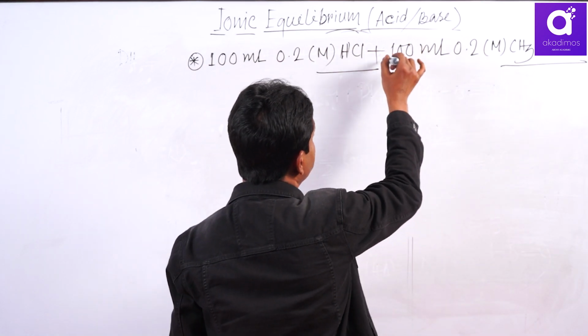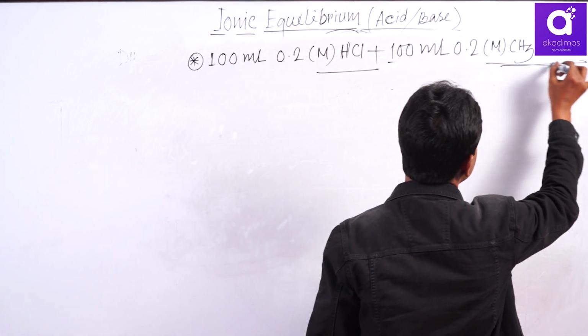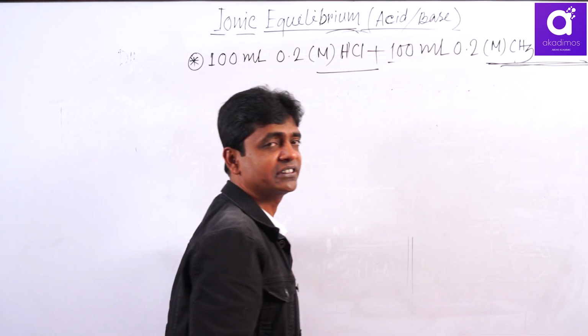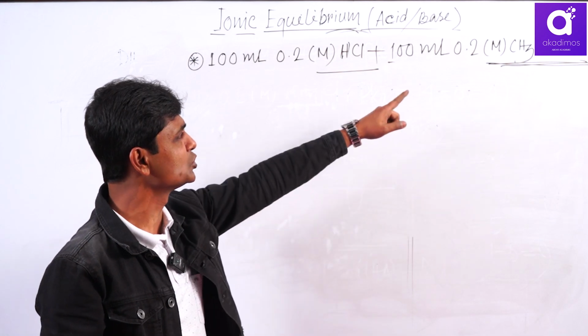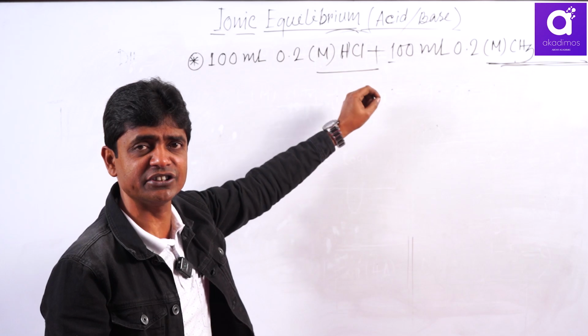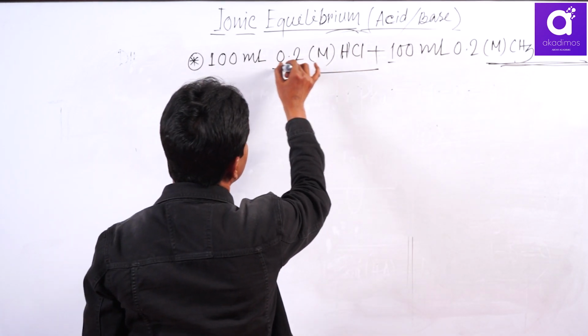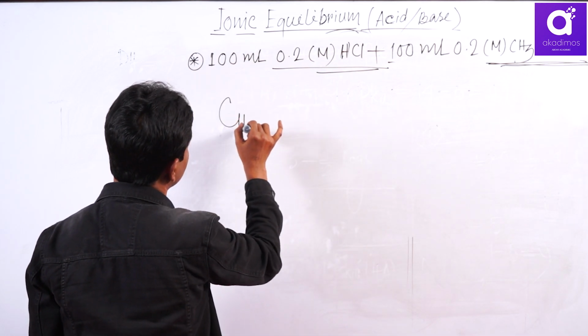To get the pH of the solution easily, you don't have to consider the dissociation of acetic acid. Just neglect the dissociation of acetic acid, and you will get the pH of the solution within 10 seconds.